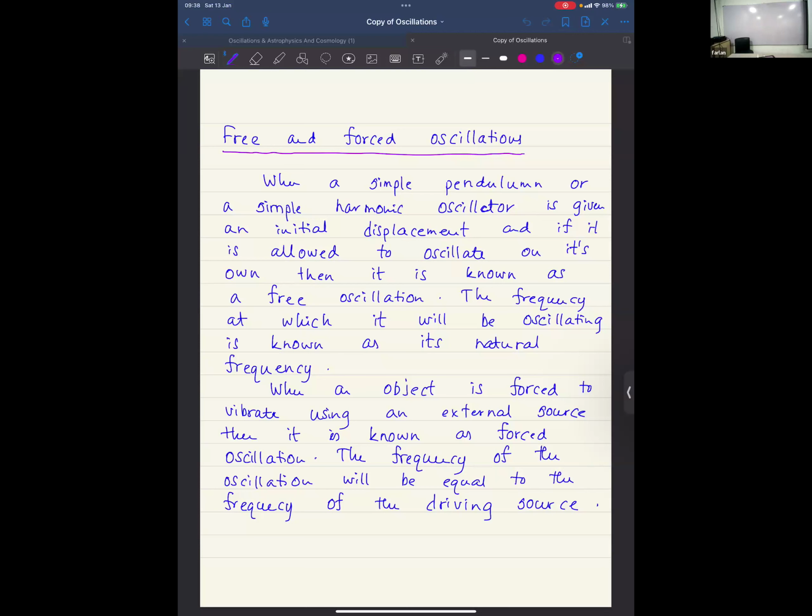The frequency of the oscillation will be equal to the frequency of the driving source.